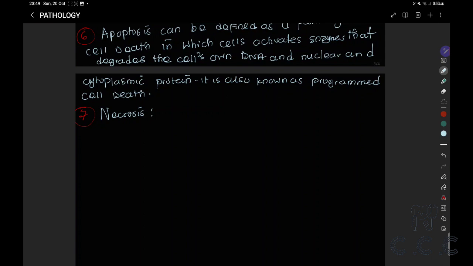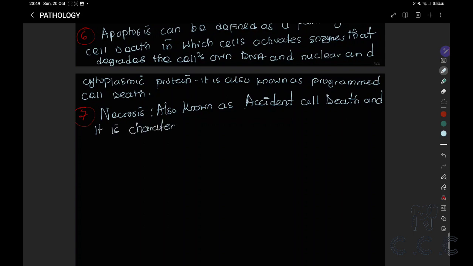Now, necrosis is also known as accidental cell death, and it is characterized by three major events. The first one is the cellular membrane falls apart.